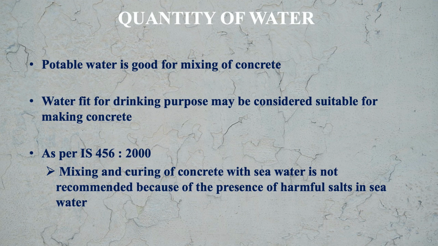As per BIS code IS 456-2000, mixing and curing of concrete with seawater is not recommended because of the presence of harmful salts in seawater. So this code says that seawater should not be used for making concrete.